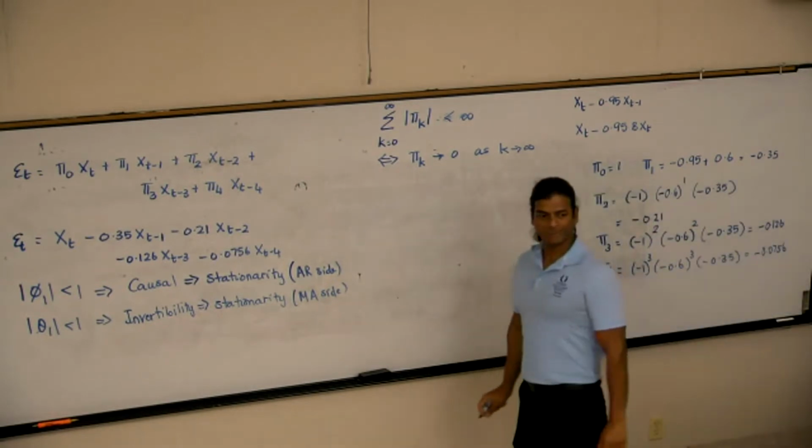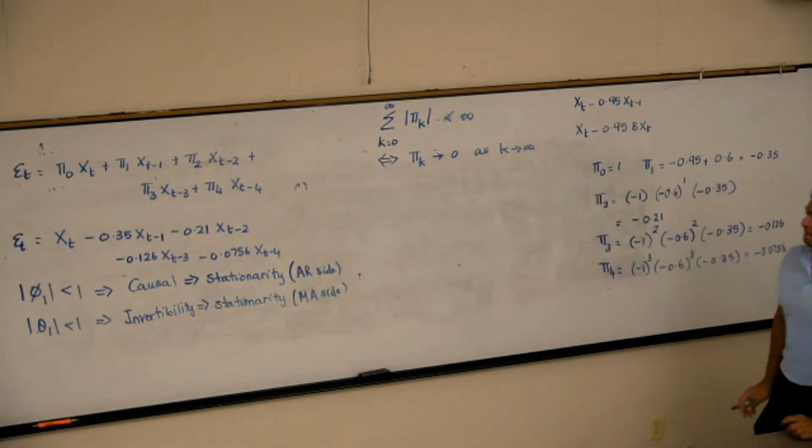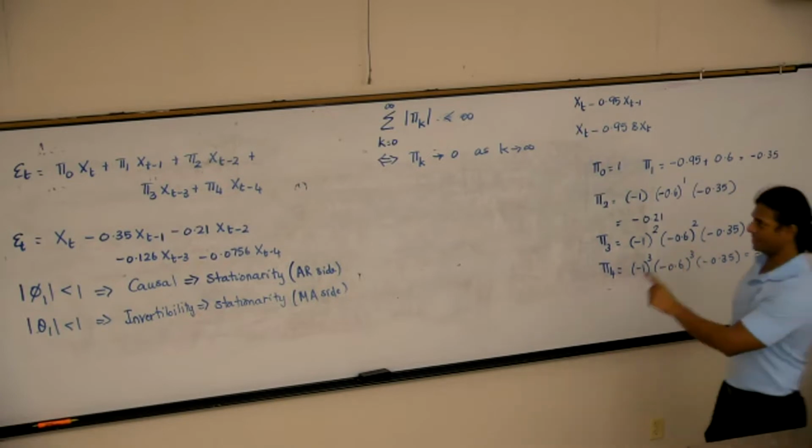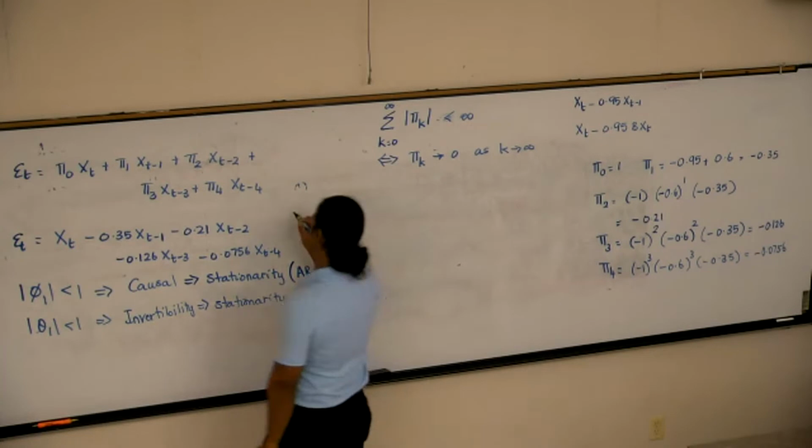By the way, was the epsilon t equals the xt minus all that? That was the AR infinity line. Yes, that is our AR infinity.